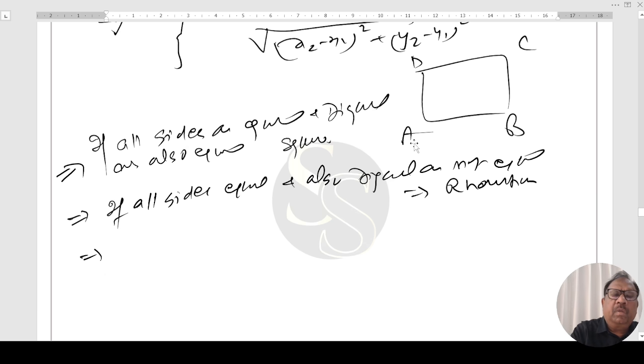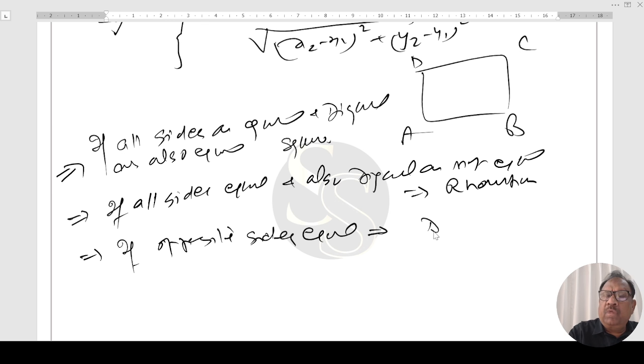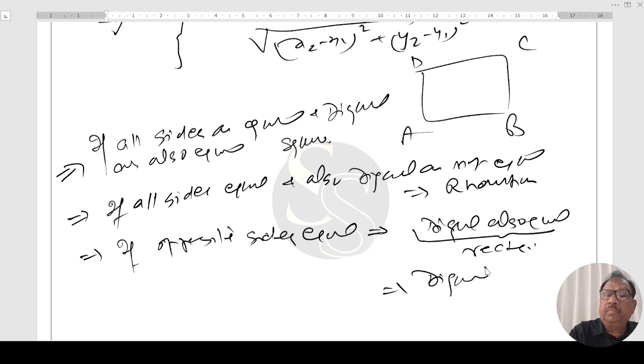And if opposite sides are equal and diagonals are also equal, then rectangle. And if diagonals are not equal, then parallelogram.